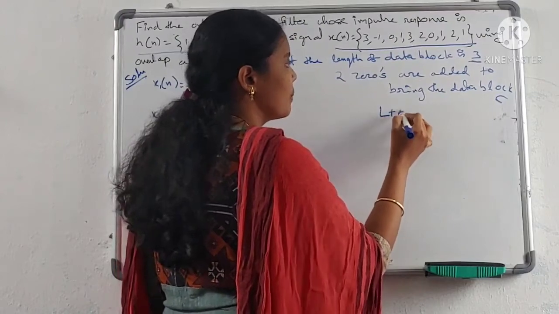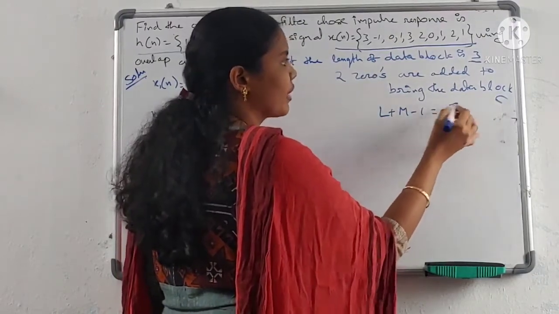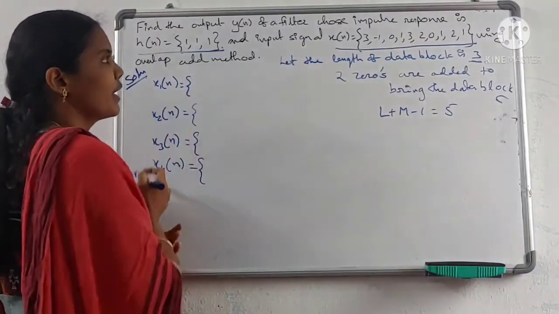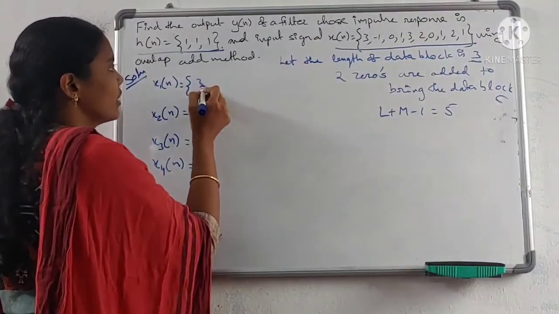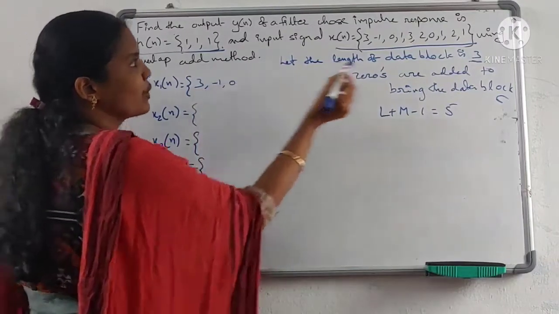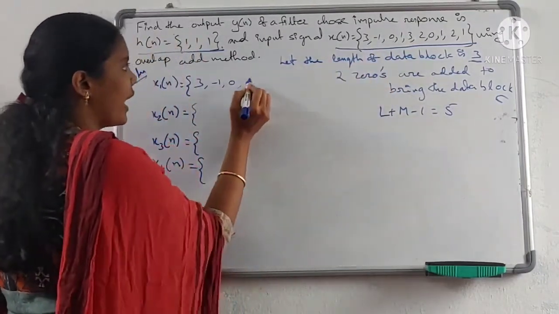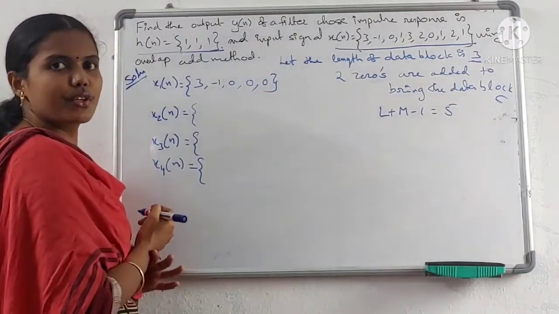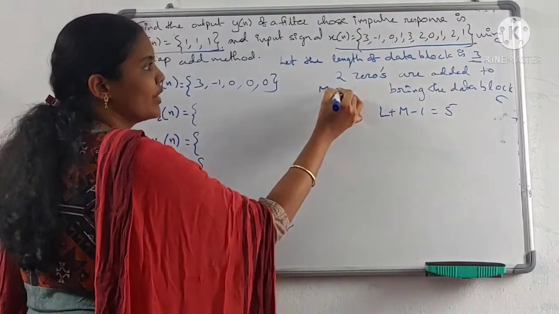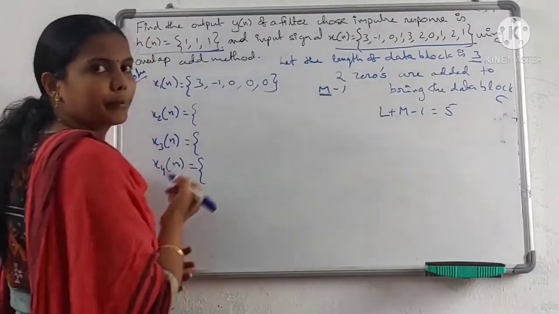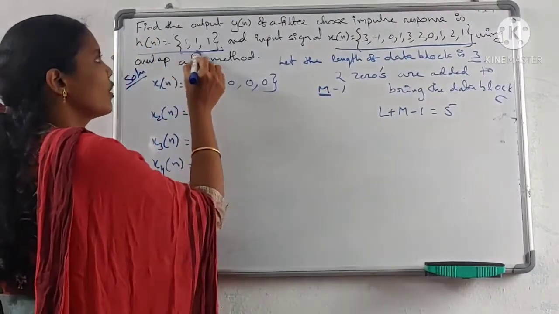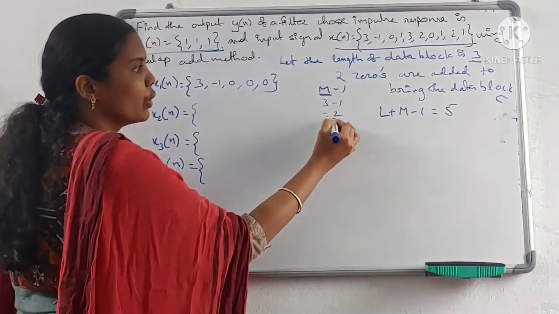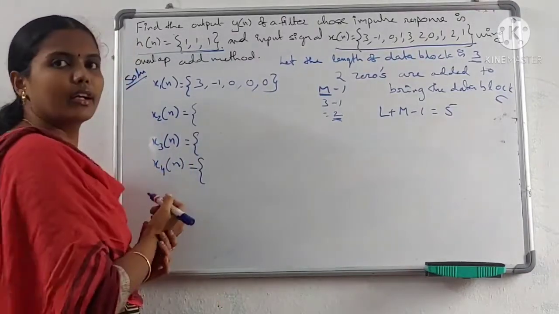That means L plus M minus 1, the block size, is 5. Now x1 of n is equal to 3, minus 1, 0, and add 2 zeros. How many zeros do you have to add? M minus 1 zeros. M is nothing but the length of the impulse response, which is 3. 3 minus 1 is 2, so you have to add 2 zeros to each block.